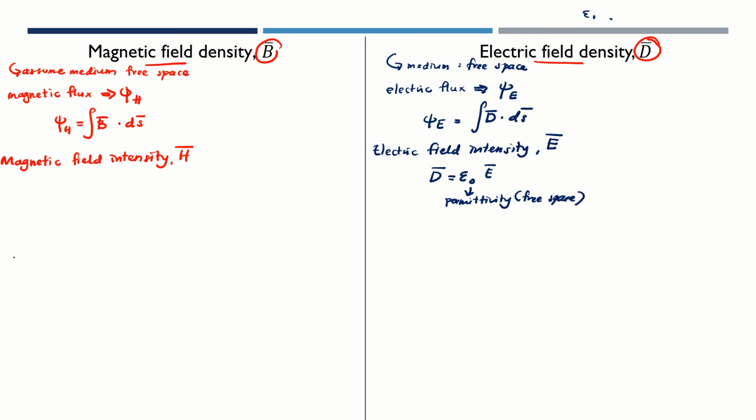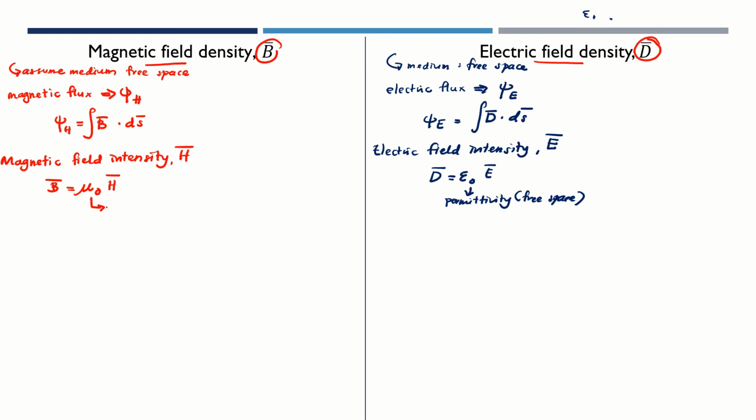However, to calculate magnetic field density from magnetic field intensity, it is also the same as the electrostatic field. However, instead of epsilon naught, we will deal with mu naught H. Before we go to the value, what does mu naught mean?